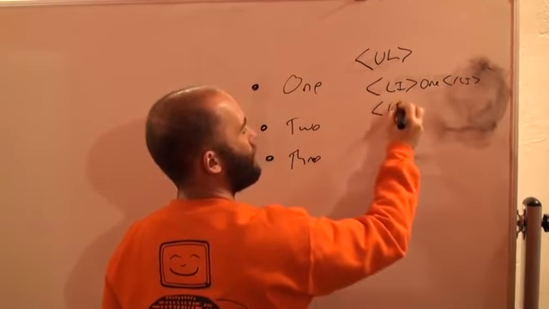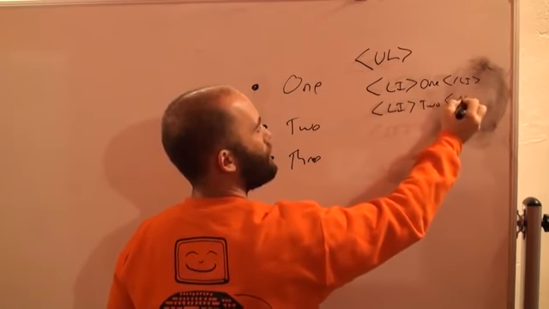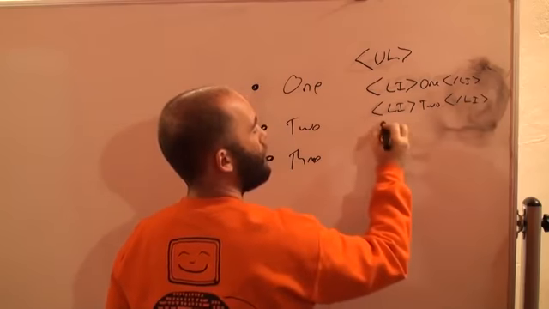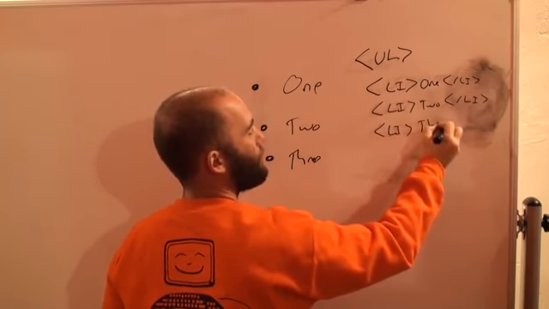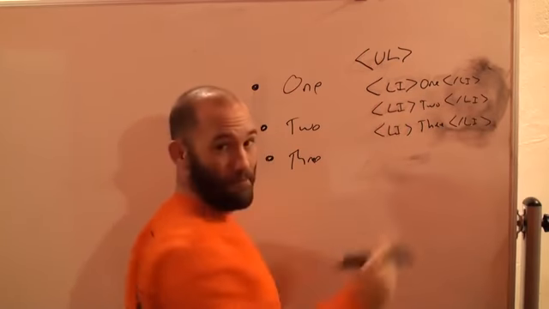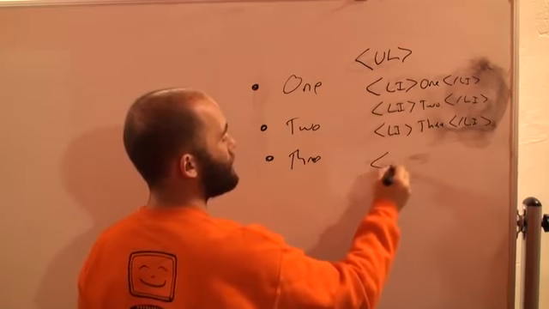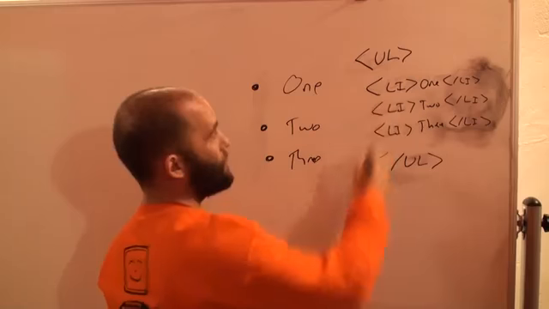You would do LI 2, and you would close LI. Then you would do LI 3, and then close LI, and make sure you close the entire list with slash UL.